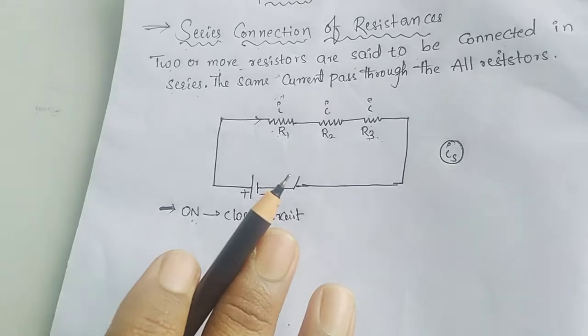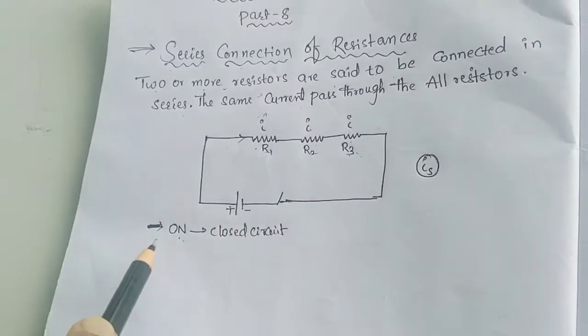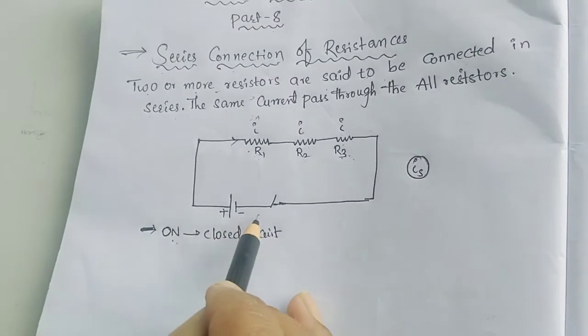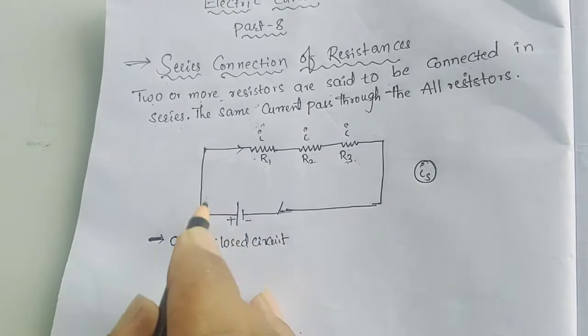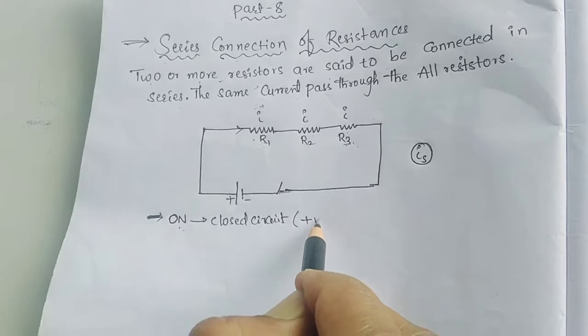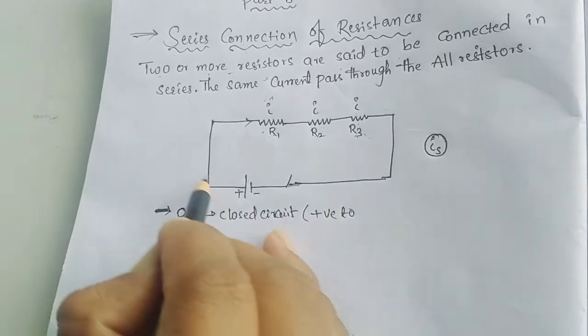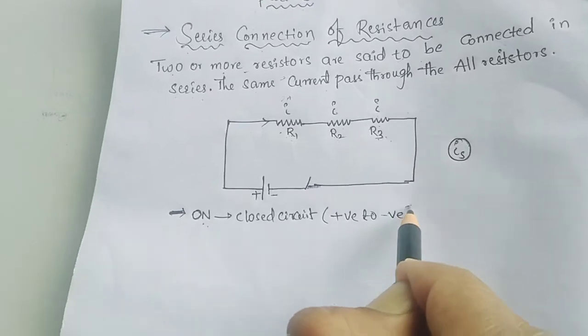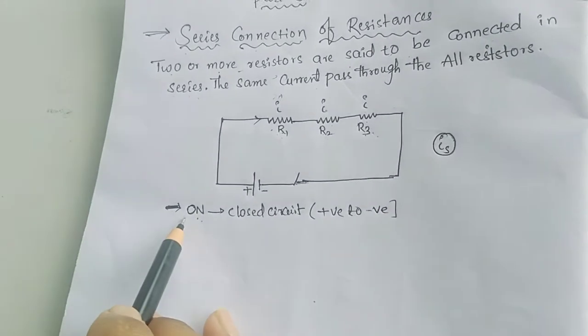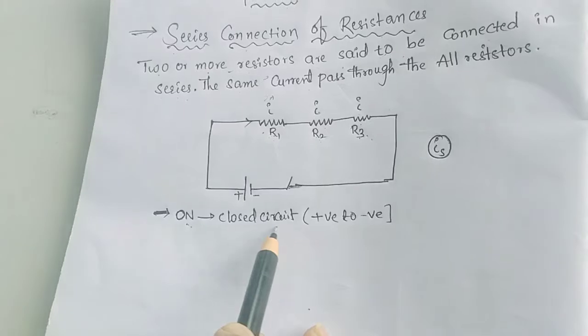Now we have to start: the switch will be on in this situation. Then that is a closed circuit. Now current passes from the positive terminal through the resistors to the negative terminal of the battery. When the switch is on, that is a closed circuit.